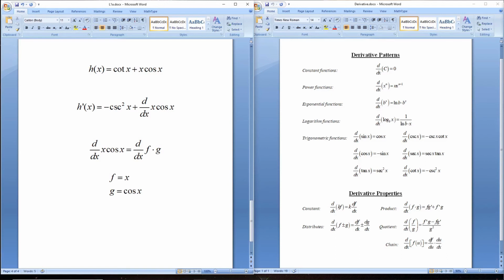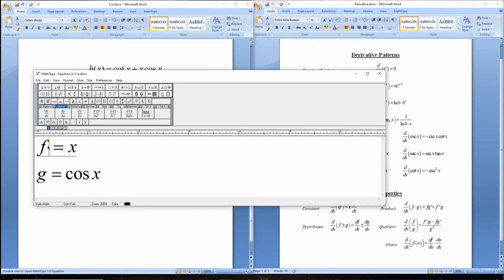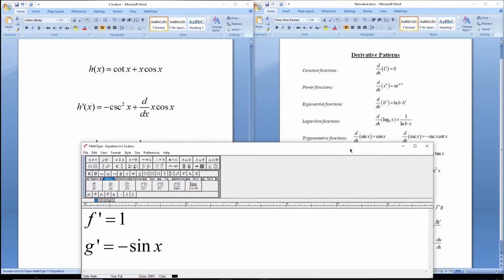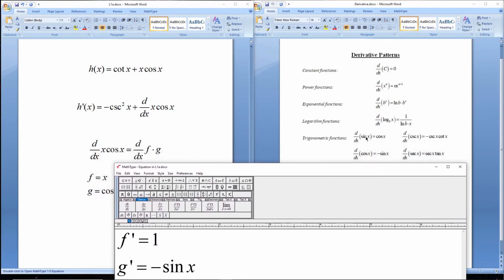And then once we have those definitions, we will take their derivatives. The derivative of x is 1, and the derivative of cosine is minus sine. And again, it's all from the derivative patterns over here.